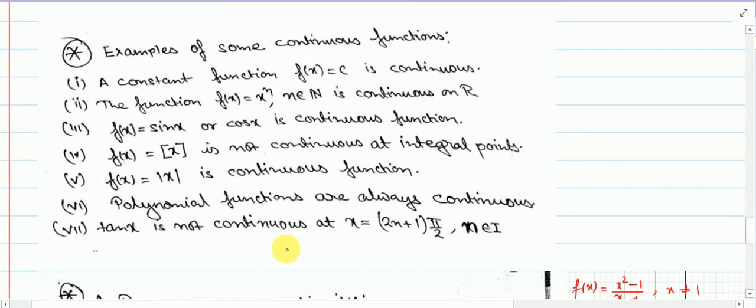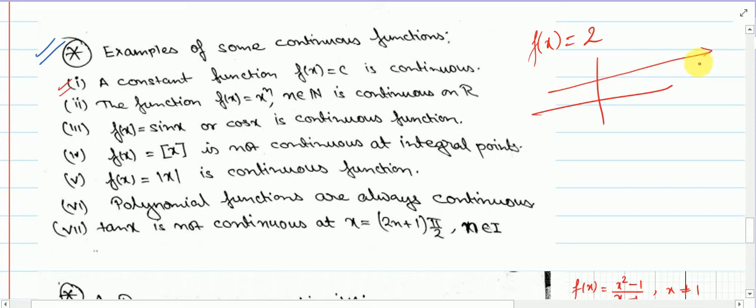Next, write down a few examples of continuous functions. Always remember that a constant function is continuous. Let's say if I denote f(x) equal to 2, then the graph of this will be this. This is your y-axis, this is your x-axis.